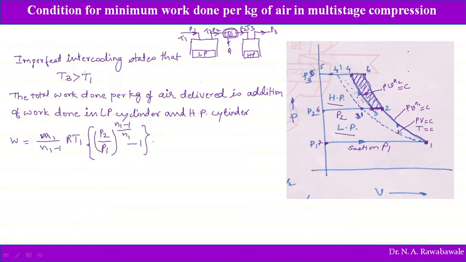So this is applicable for LP cylinder, plus the work done required in HP cylinder is n2 divided by n2 minus 1, R T1, in bracket (P3 divided by P2) to the power of (n2 minus 1) divided by n2, minus 1, R T3, not T1, this is R T3. The initial temperature is T3.